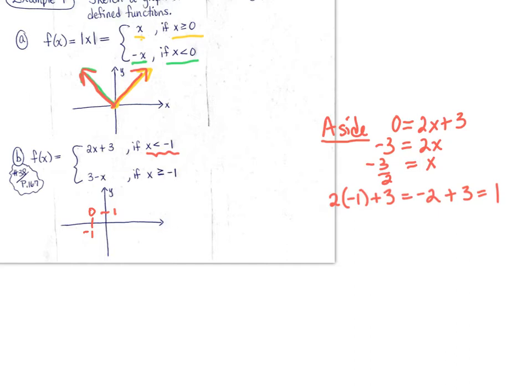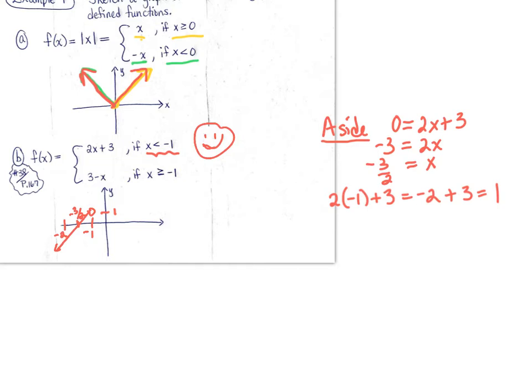And then you would have an x-intercept of negative 3 halves. So that point here is, let's not use an arrow because I don't want you to think that's a part of the graph. So this is negative 3 halves there, okay? Now, we got the first part, so yay, we got the first part.